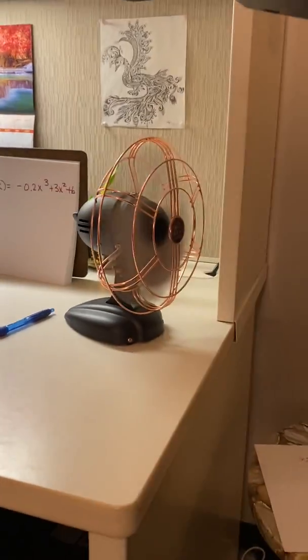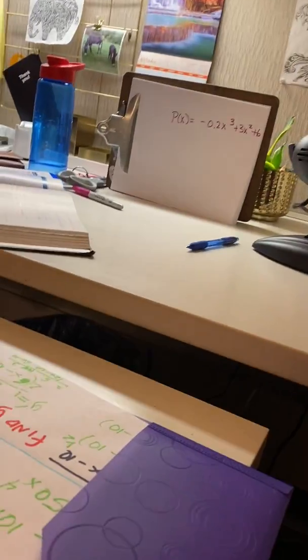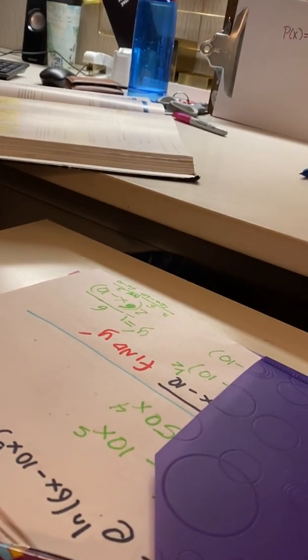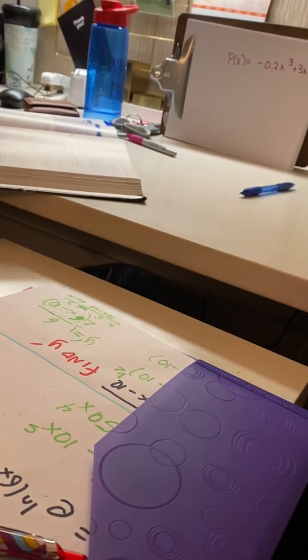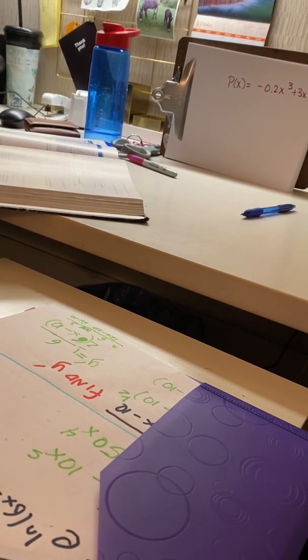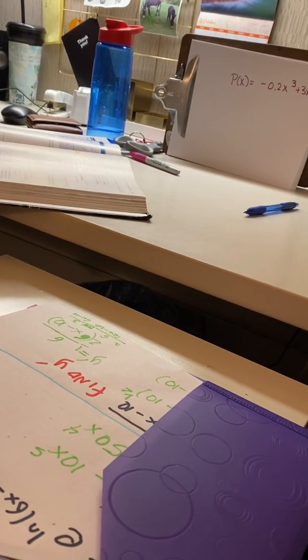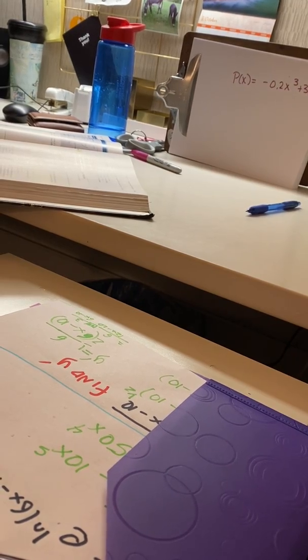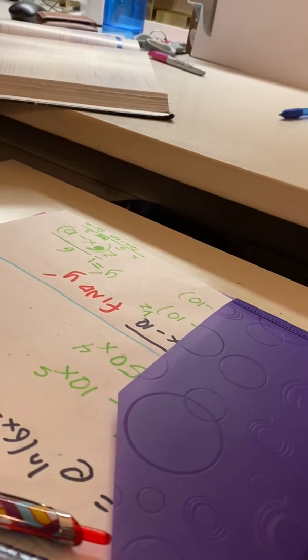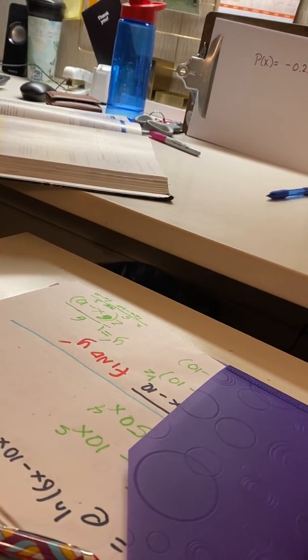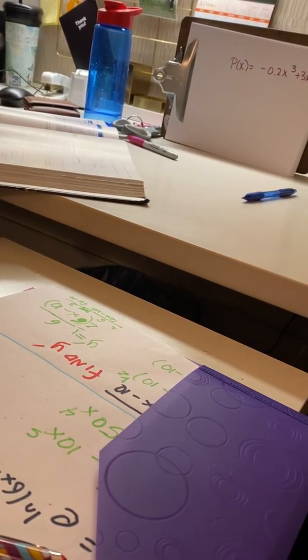Plus 6. You can look over my calculator if you want. So I'm going to clear that out. Negative 0.2 x cubed plus 3x squared plus 6.